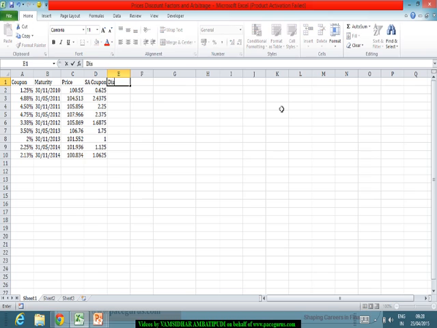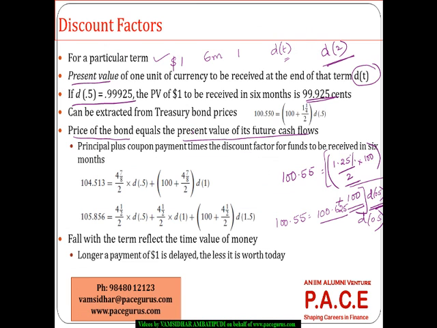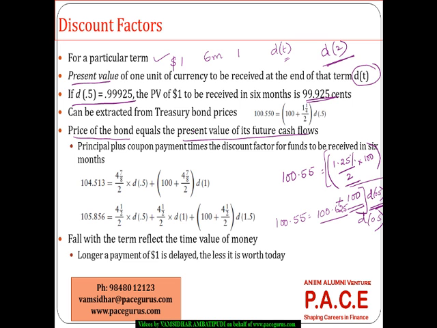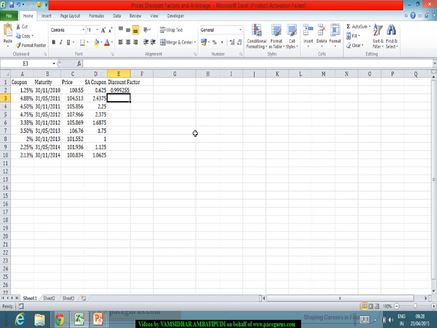So here the discount factor, at least for the first one, comes out as the price divided by 100 plus the semi-annual coupon, which works out to 0.999255. So this is how we get the discount factor for the first period.